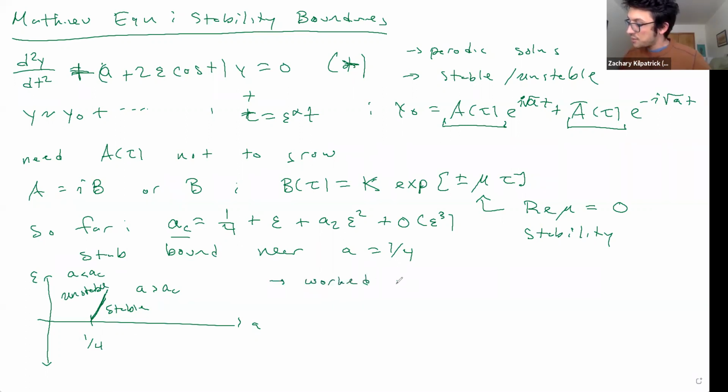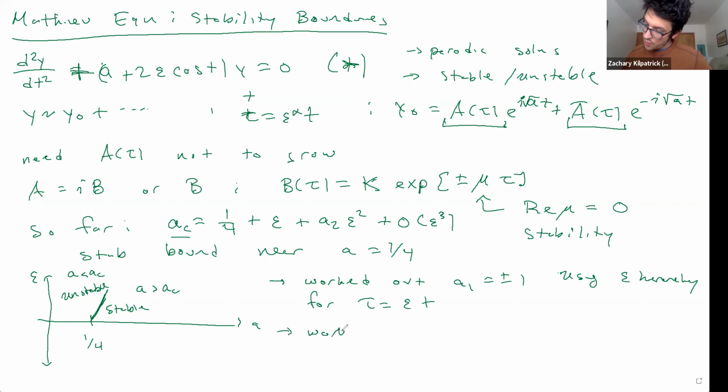Okay, so we worked out A1 equals plus or minus 1, okay, using the epsilon hierarchy for tau equals epsilon t. Okay, and we're working out A2 using an epsilon to the 1/2 hierarchy for tau equals epsilon to the 3/2 t.